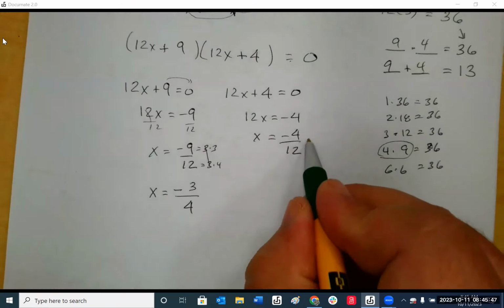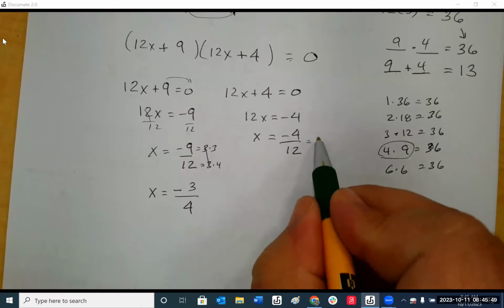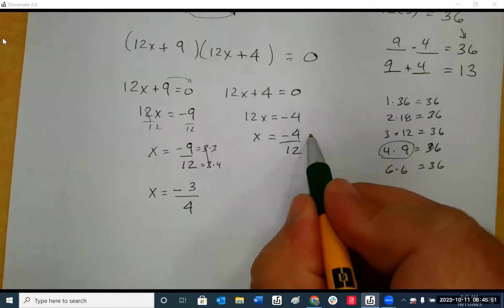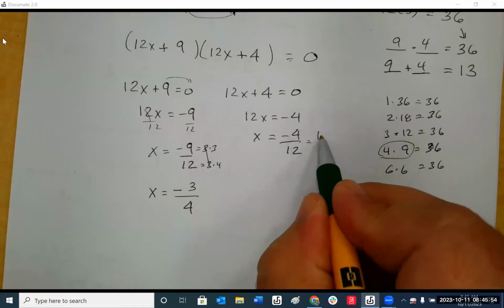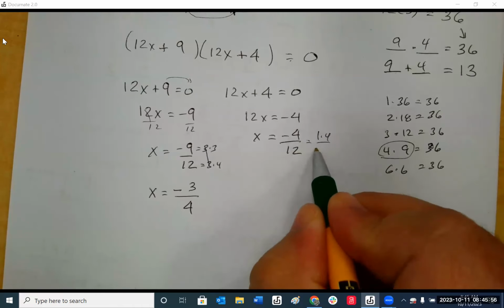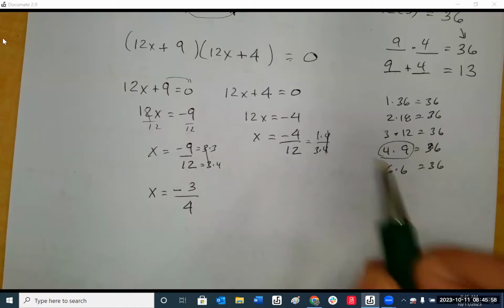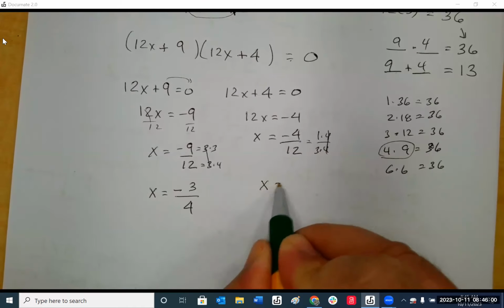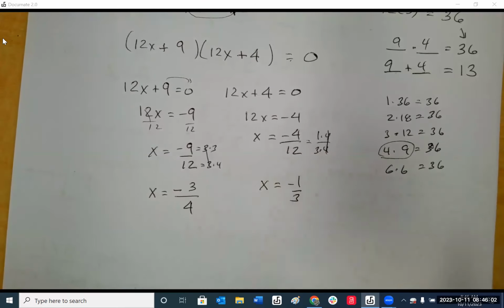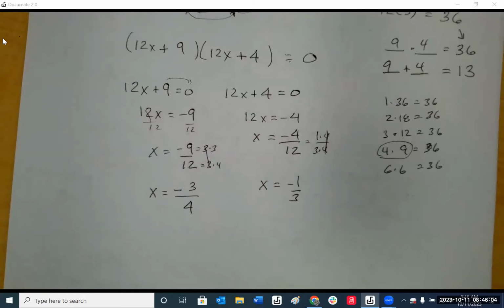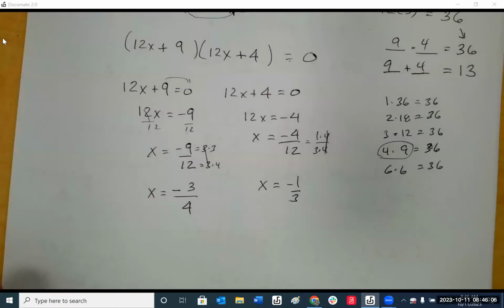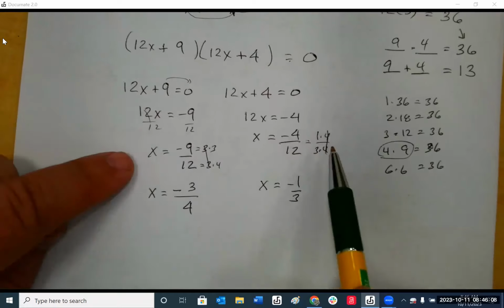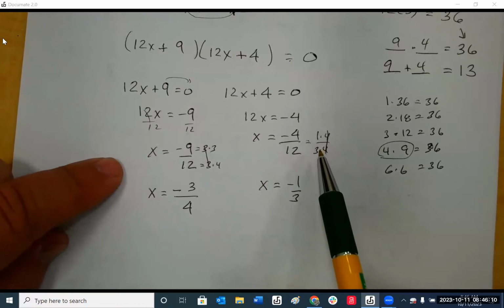Same thing with 4 and 12. 4 is made up of 1 times 4. 12 is made up of 3 times 4. The 4's cancel. So x is equal to -1 over 3. So it works, but it tests your knowledge of division.